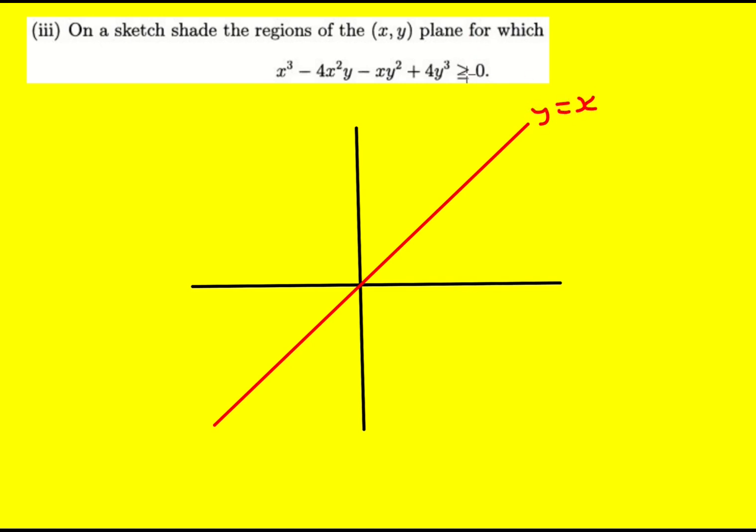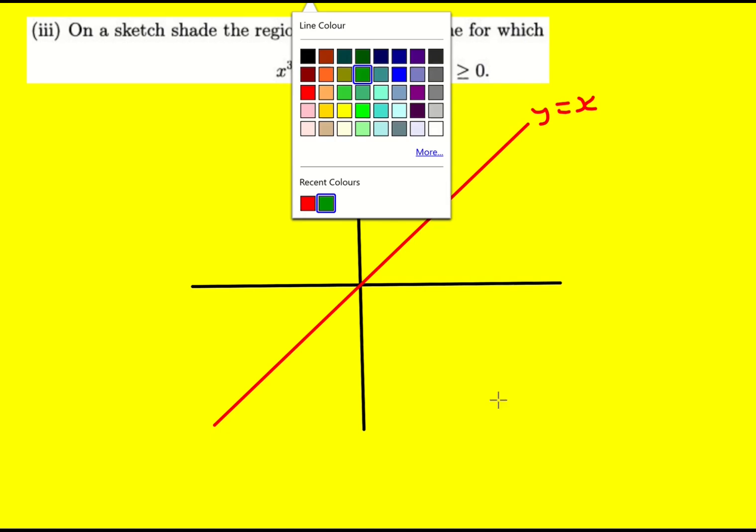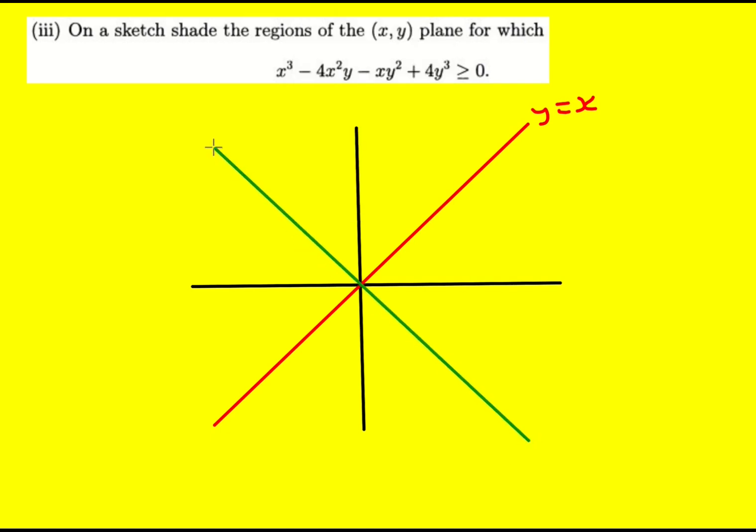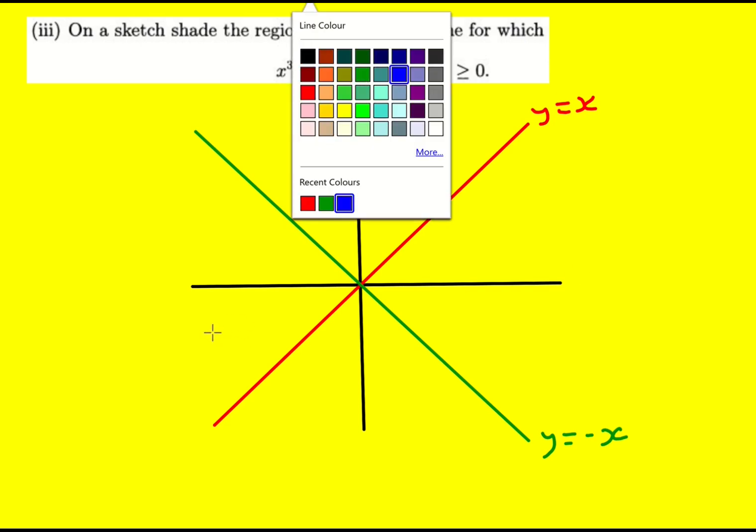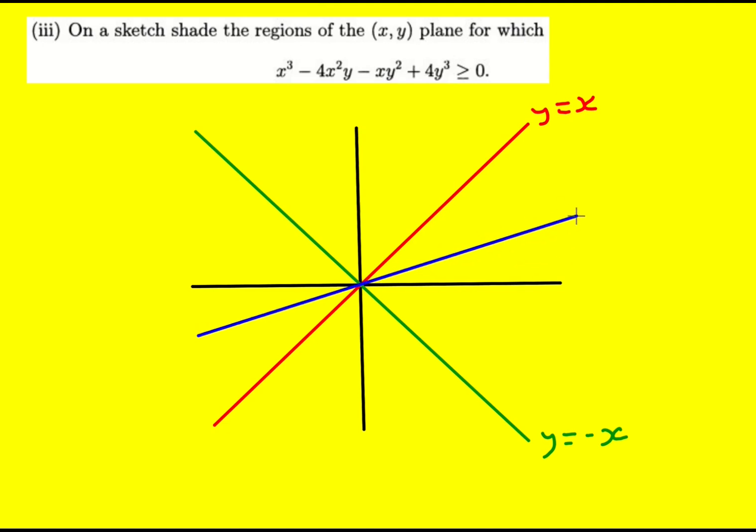So along this line, we would get a solution for that reason. Now, I'll do this in green. I'll put in y equals minus x. It's only a sketch, remember, but just try and make it look like these appropriate graphs. And then we've got y equals a quarter x. So I'll just make sure that I have a less steep gradient like that.